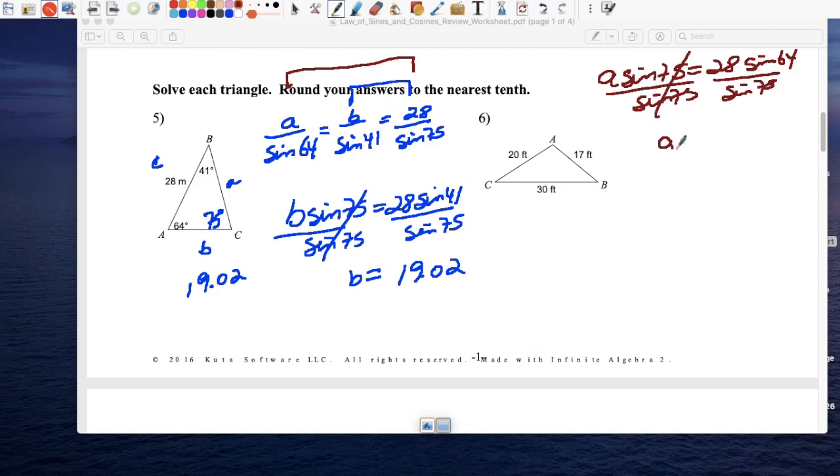So it's a little bit repetitive. 28 times sine of 64 over sine of 75. And that's going to give us, this little a is 26.27. Okay. So that's number 5. Number 6.